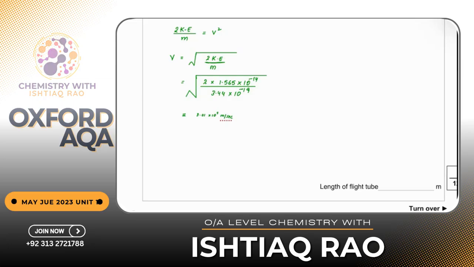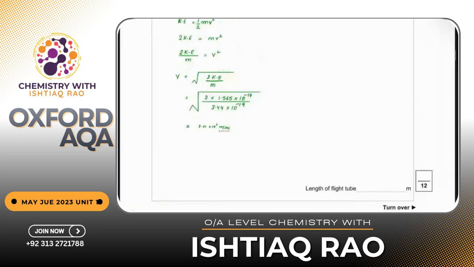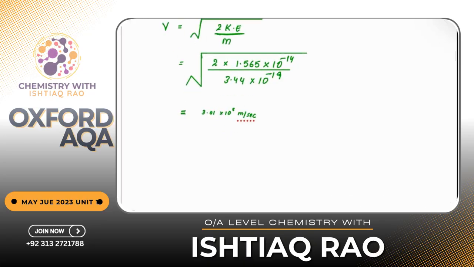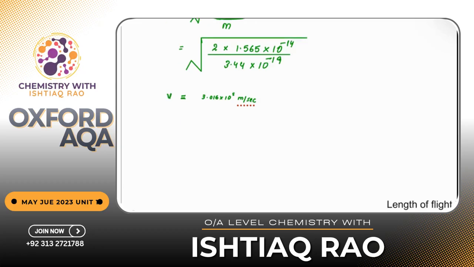Any other number after 01? 642. It's really long, so I rounded it. So I can say it's 3.016. Okay, this is V finally.